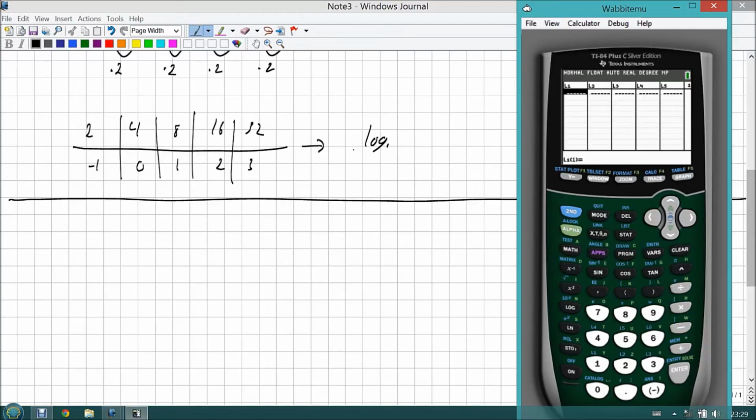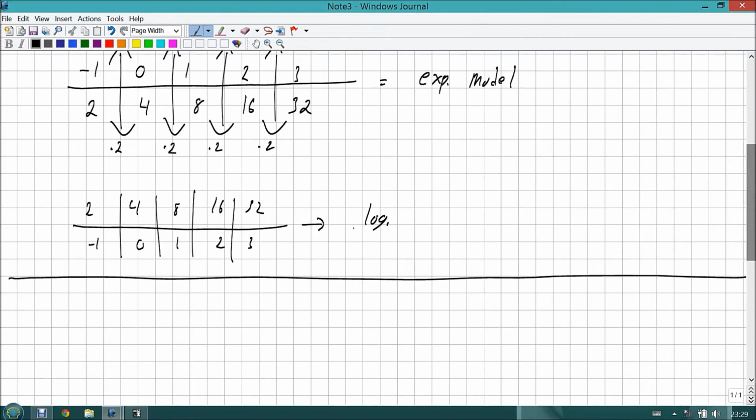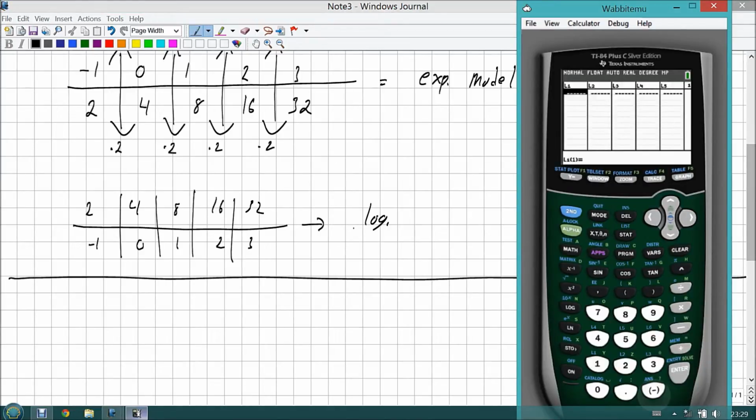For our example, our inputs would be -1, 0, 1, 2, 3. And then for the y values, we plug in 2, 4, 8, 16, and 32.